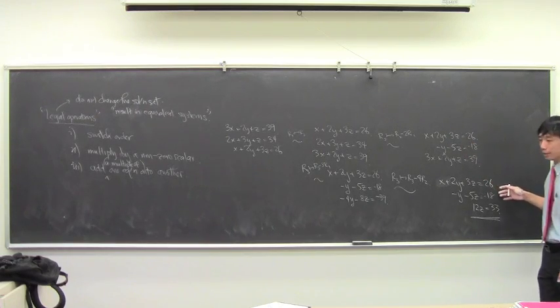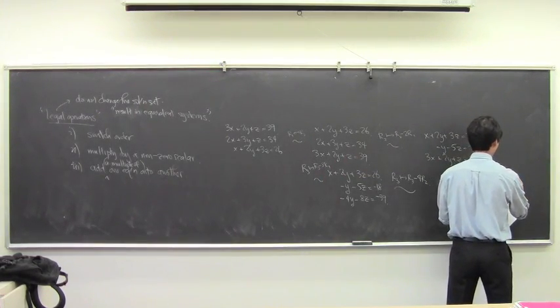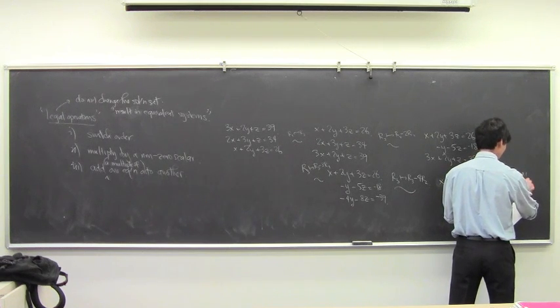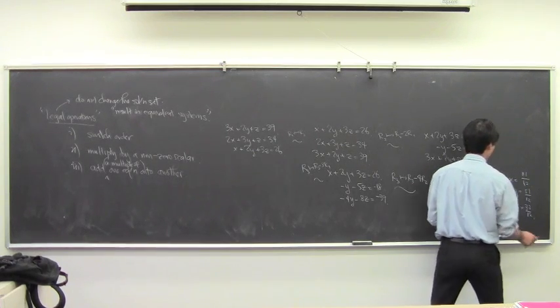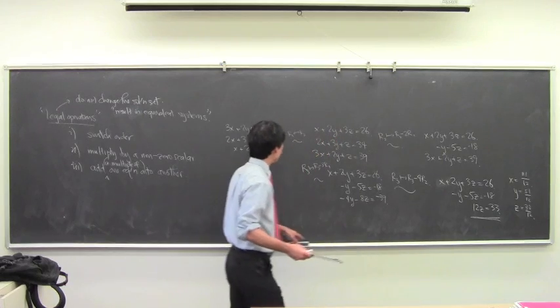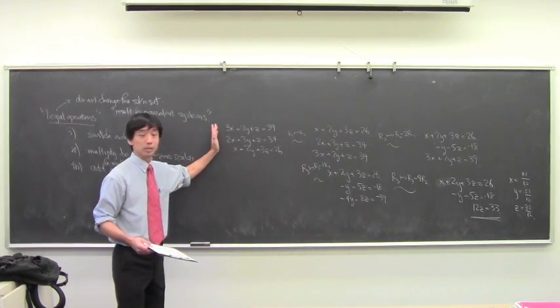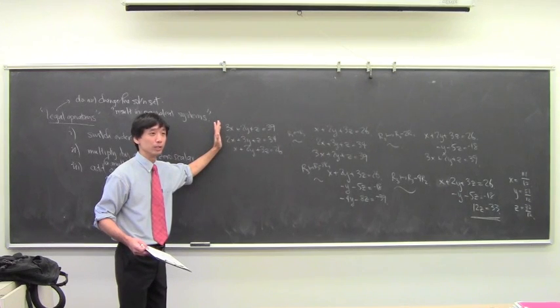So the solution set here I think turns out to be x is 111 over 12, y is 51 over 12, and z is 33 over 12. So this thing has this unique solution, and because you've only used legal operations, that's the same for the original system.